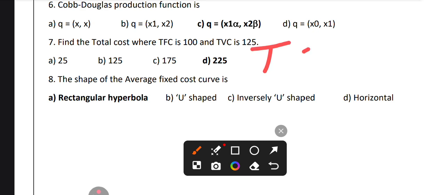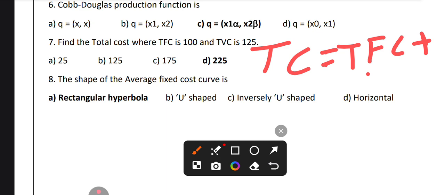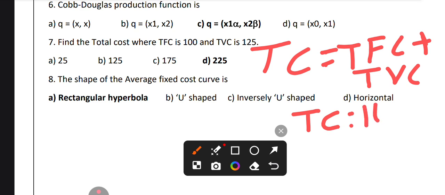Total cost formula, TC equals TFC plus TVC. So TFC is given, TC equals 100 plus TVC is 125.